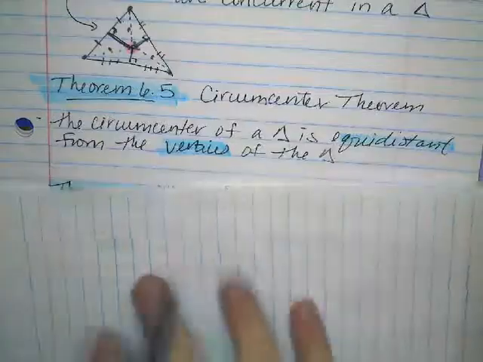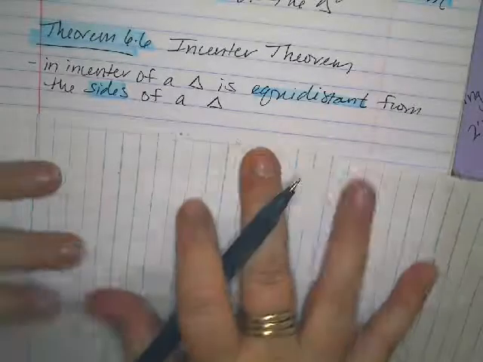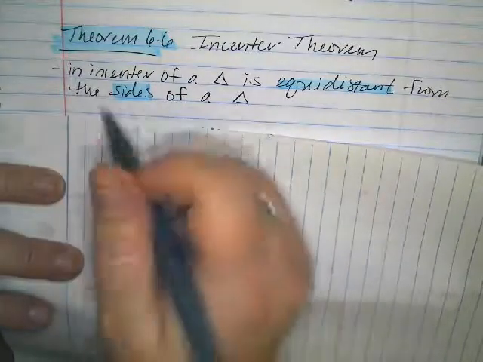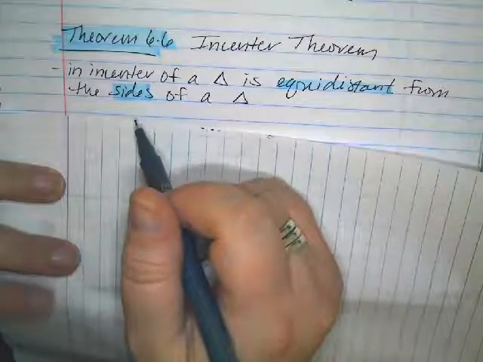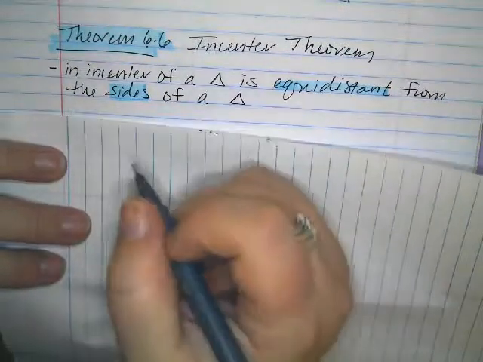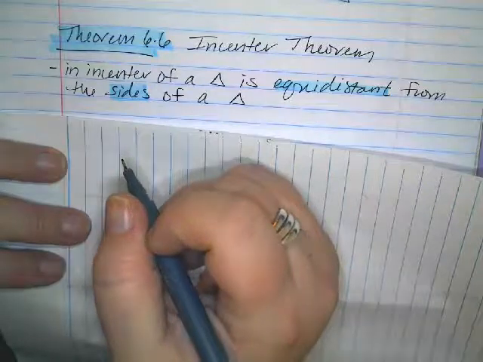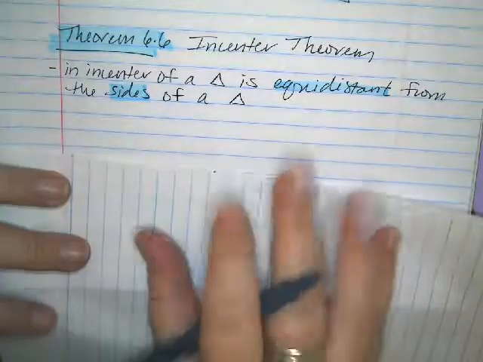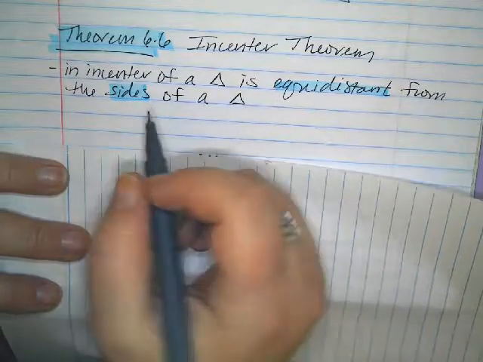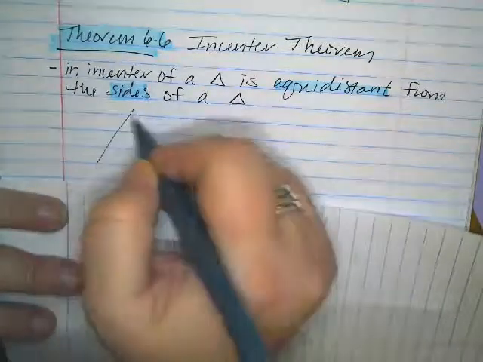The last theorem today is called the in-center. The in-center of a triangle is another point of concurrency. It's a different kind. And the in-center this time is equidistant from the sides of a triangle. So when they're talking about the in-center, I'm going to see that it's the same distance from all the sides.